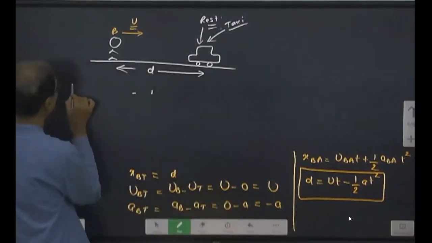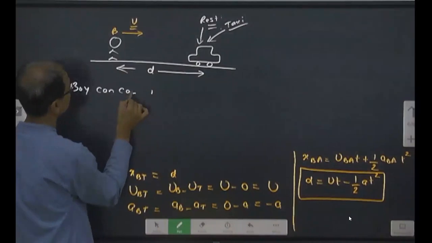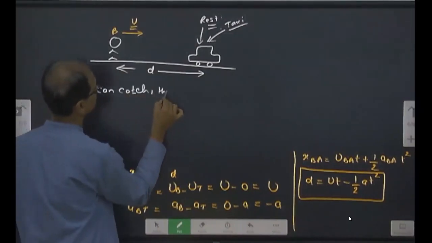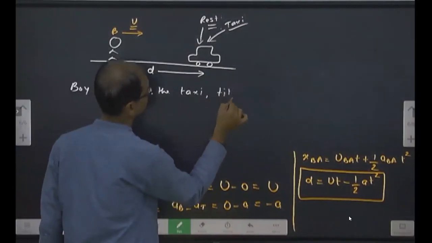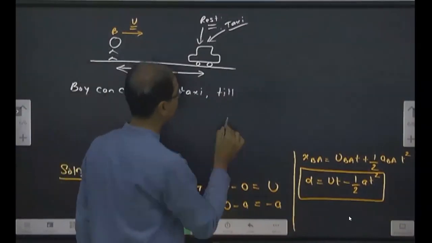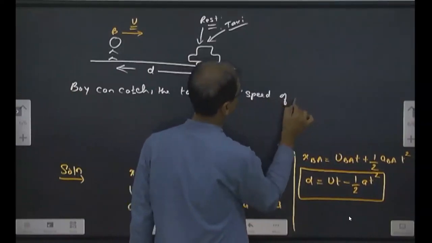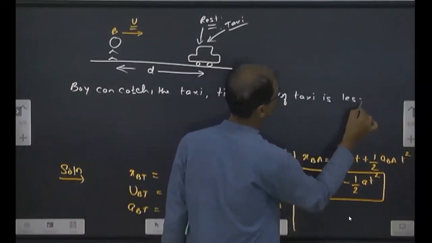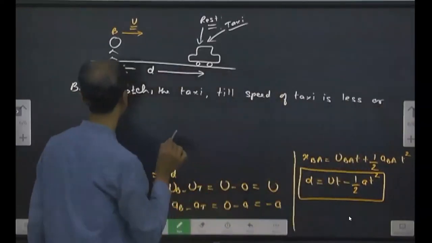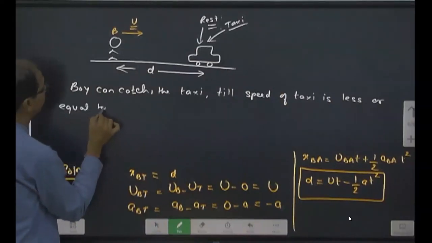So I'm writing, boy can catch the taxi till speed of taxi is less or equal to speed of boy.